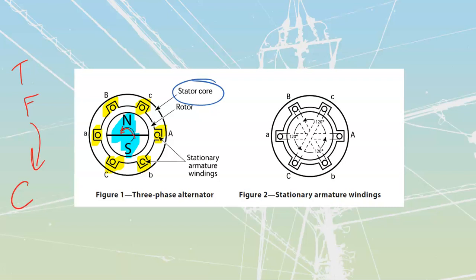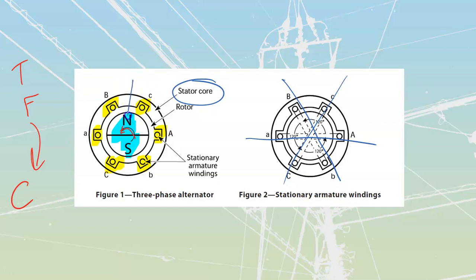The next thing I want to note is that there are axes inside of here. My C winding goes to there, my B winding goes to there, and my A winding goes to there. Physical location on the machine is a very big thing because it's going to choose when we have a peak. We know that we get a peak anytime we're cutting through the maximum number of flux lines, which happens directly at our pole.